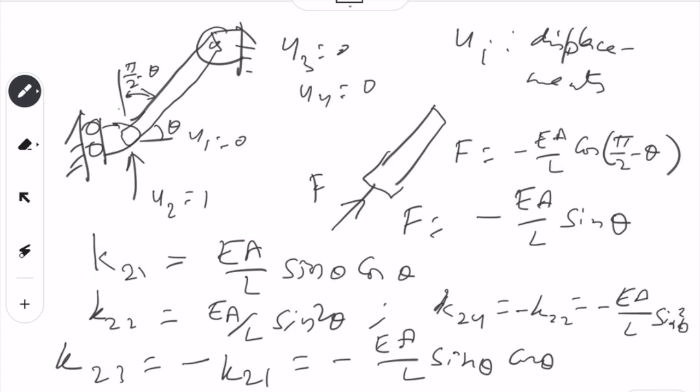Okay, so we got this one, and whatever forces we got like this have to be balanced.